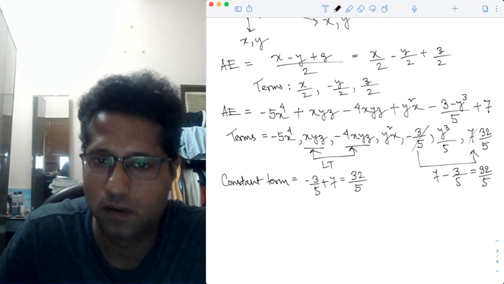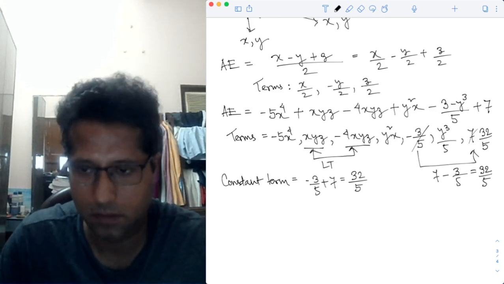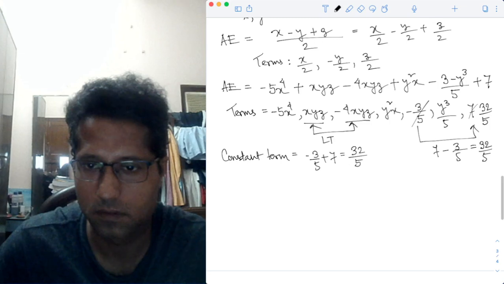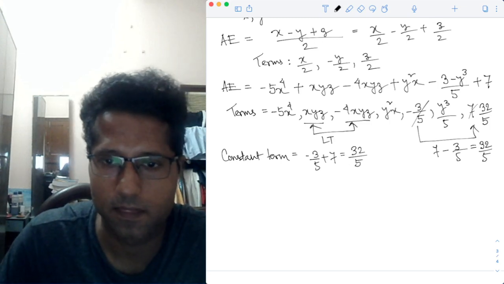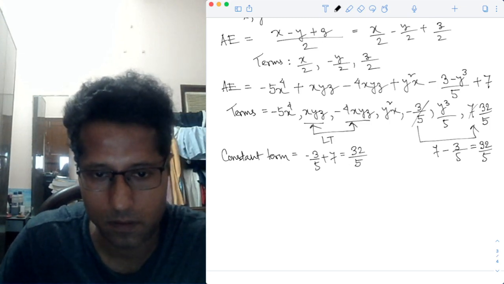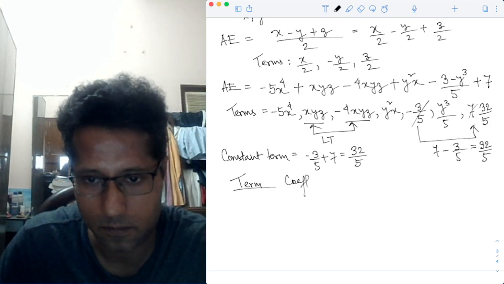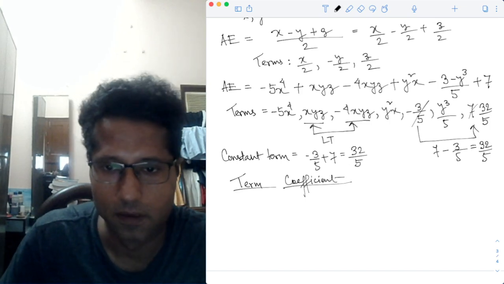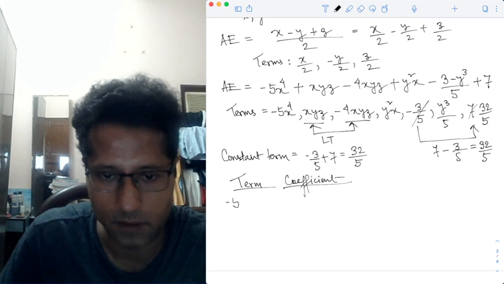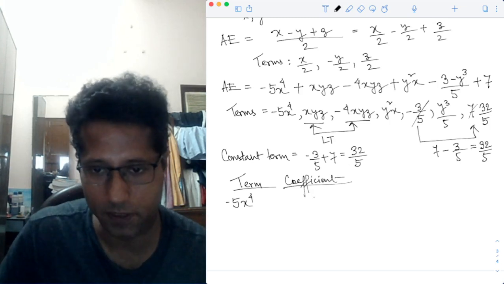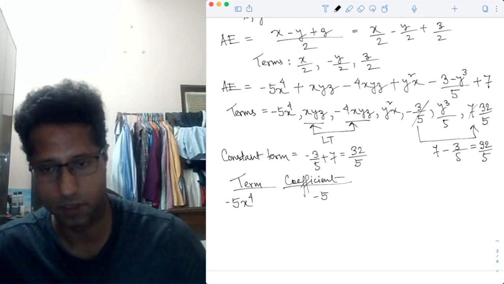Let's quickly write the coefficient of all the terms. For the term minus 5x to the power 4, the coefficient is minus 5, because what is the coefficient of a term?